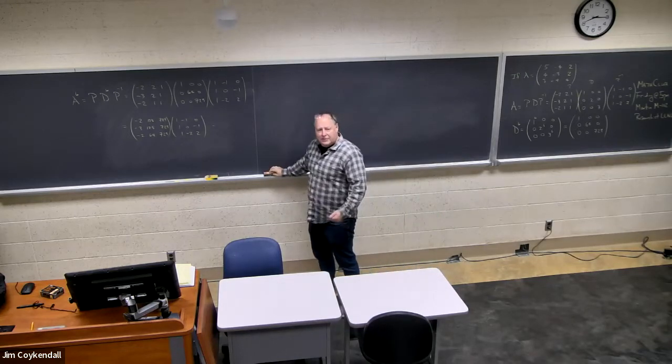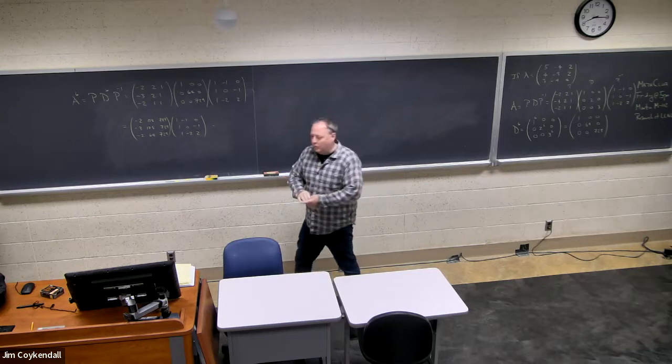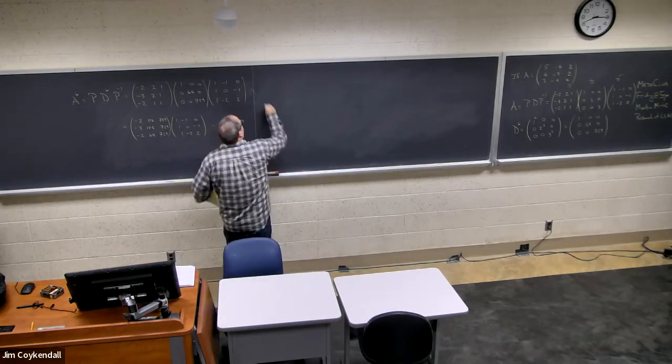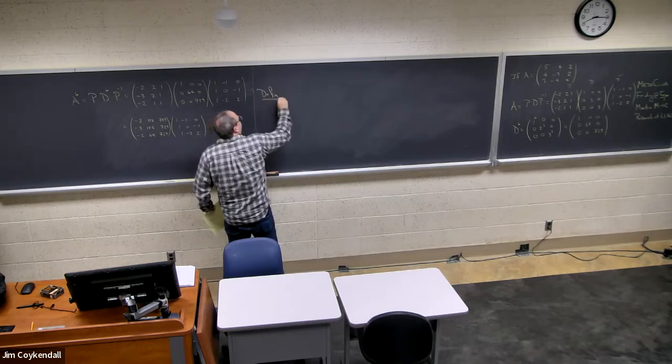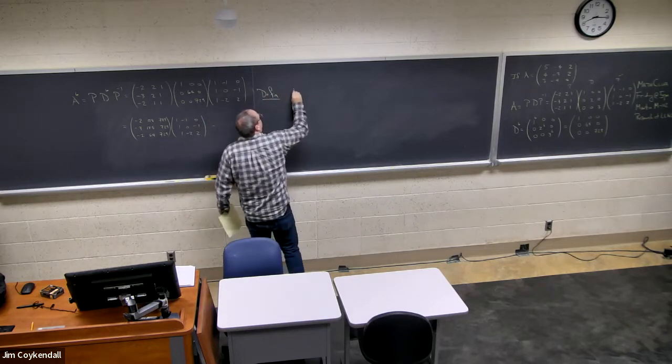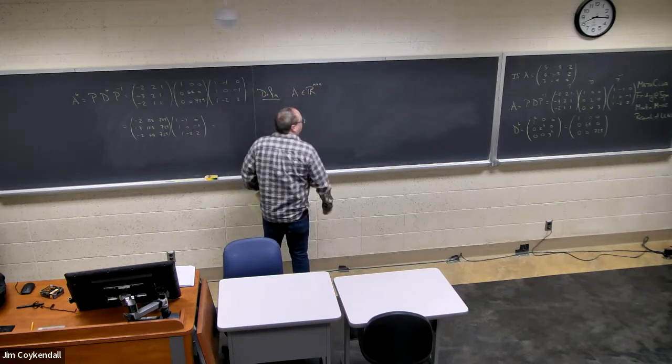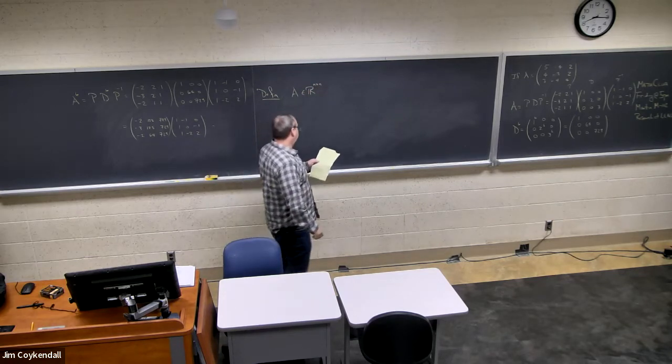And again, in this section, we're always talking about square matrices. Definition. Suppose A is an n by n matrix.